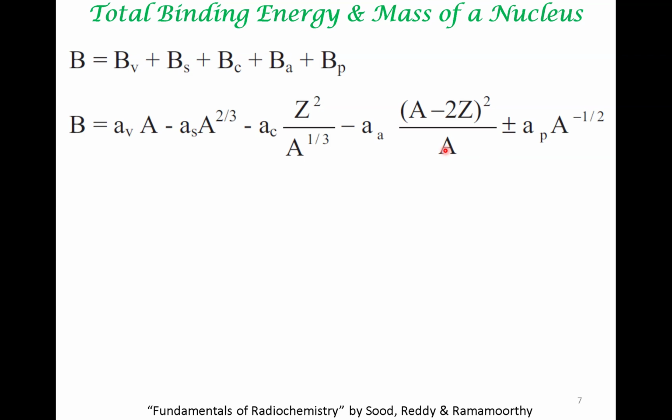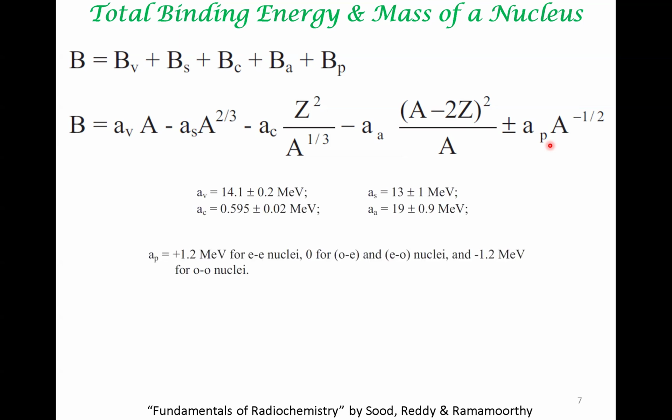Because of Einstein's E equals mc squared, when we measure mass, we are measuring binding energies. So to obtain the 5 unknowns, that is A sub V, A sub S, A sub C, A sub A, and A sub B, we use the mass and binding energy data from 5 different nuclei, and we can get these constants.